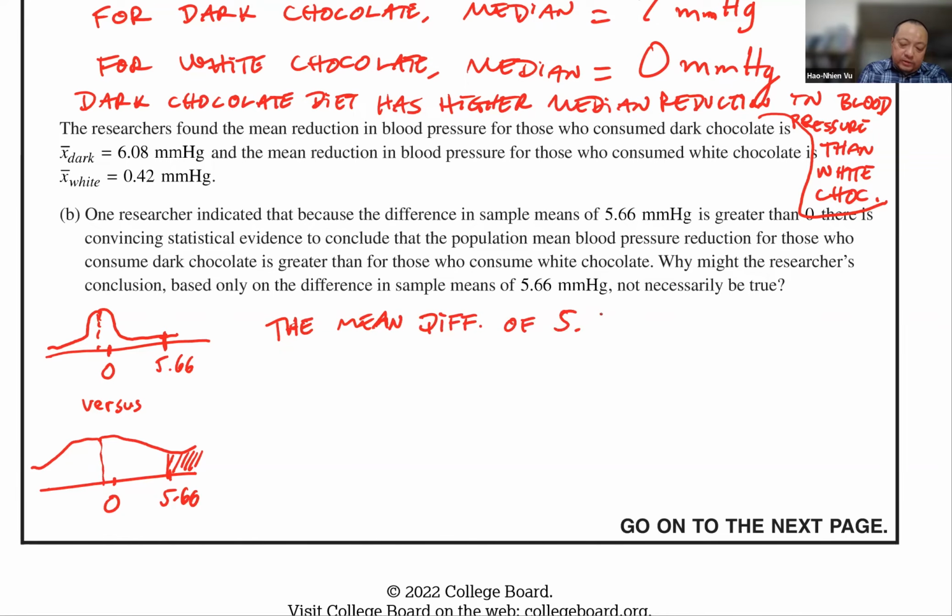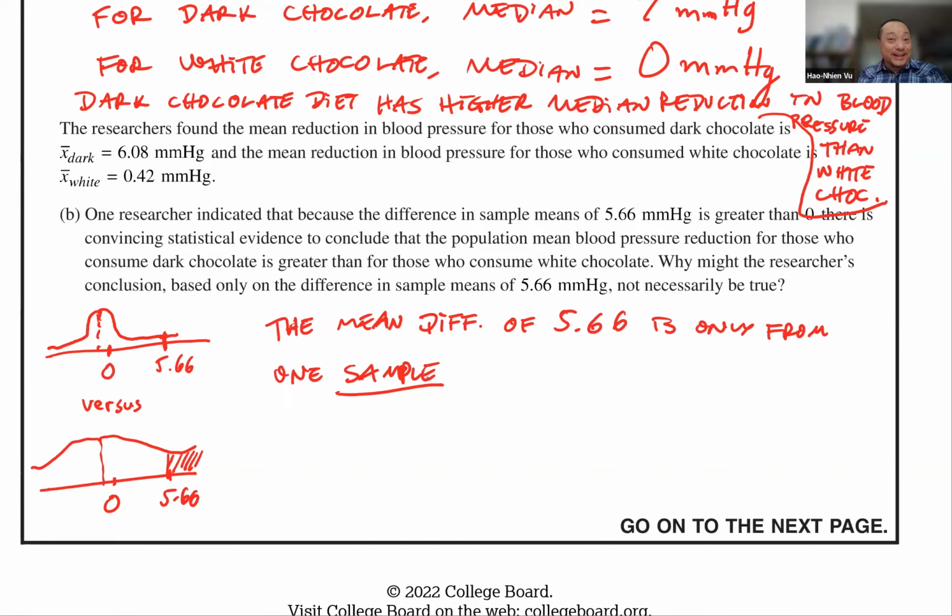The mean difference of 5.66 is only from a sample, not the population. If you stop right there, I'm pretty sure you get some partial credit. But I'm going to put in more details.